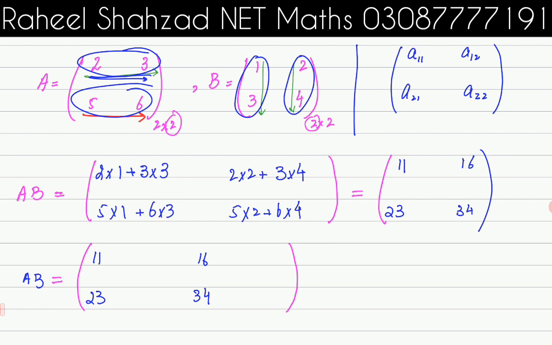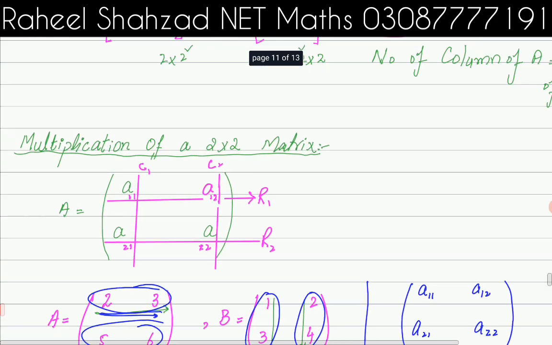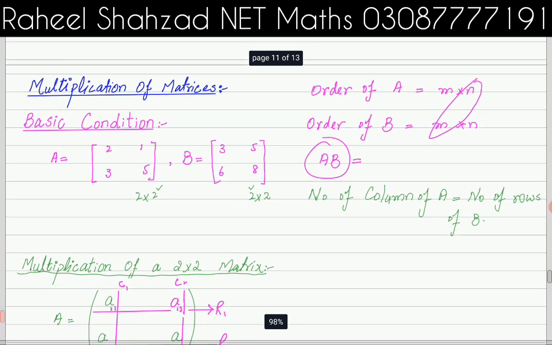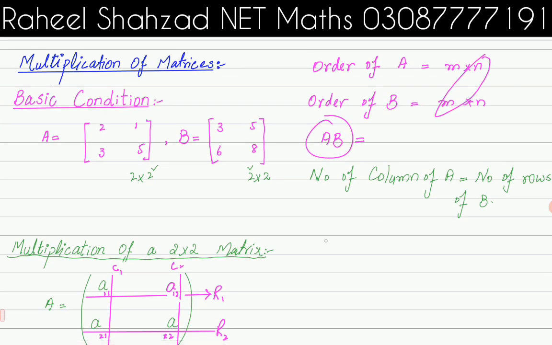Right guys, so this is the method how we multiply a 2 cross 2 matrix. The condition is obvious that the number of columns of the first must be equal to the number of rows of the second. So you write the order of the first matrix, it's m into n, and the order of the second matrix, it's m into n. So you see, this is the common thing, the number of columns and the number of rows must be the same, right?